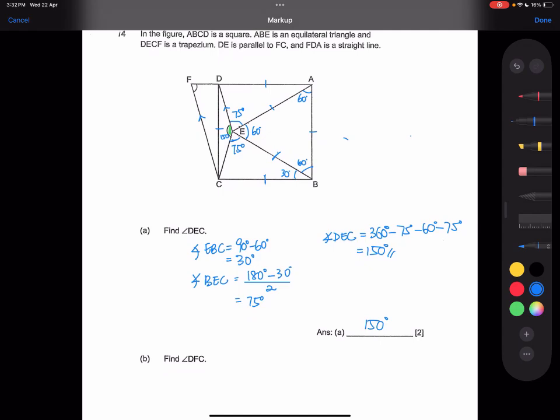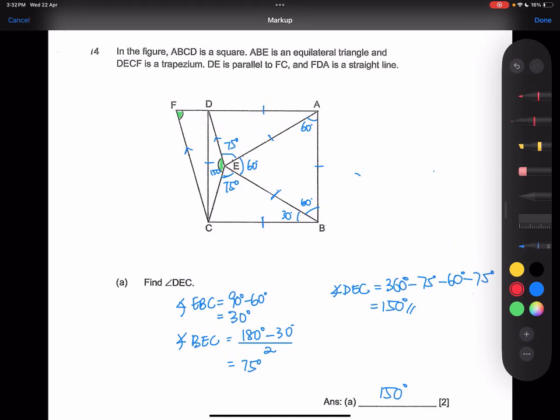Now find angle DFC. DFC, this is the one we're looking for now. Before we continue, I want to also draw in this part here.